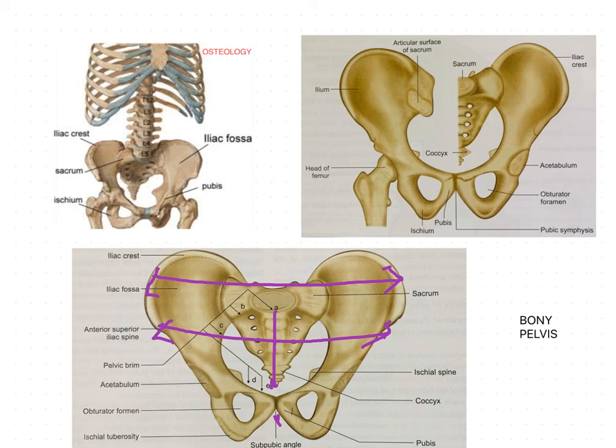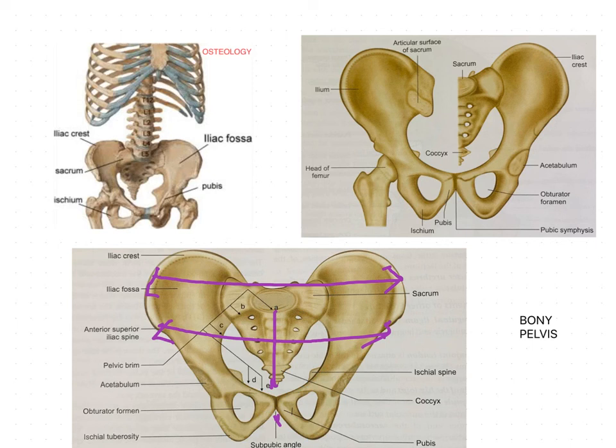That means the interspinous diameter is more than the intercristal diameter. The difference between them is regarded as an indication of the width of the pelvic cavity. These are some of the important measurements used in obstetric practice.